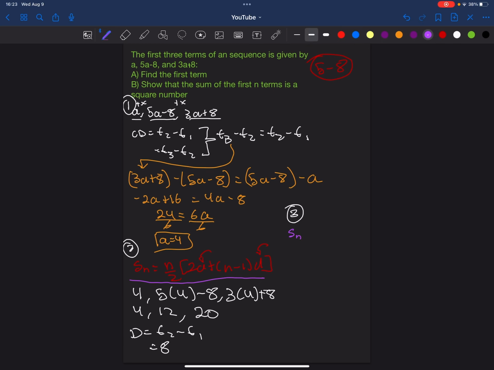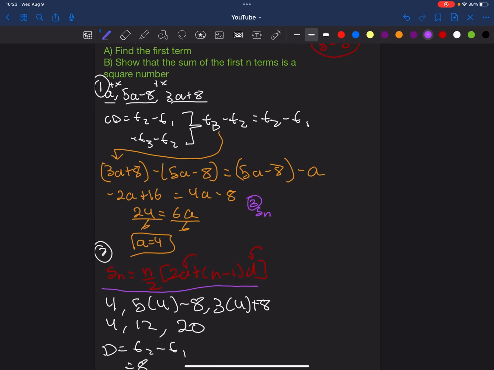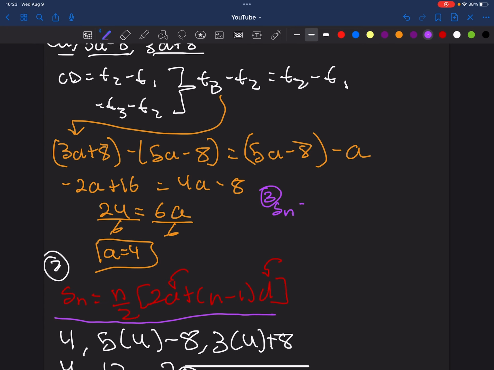So Sn is equal to n divided by 2 times 2 times 4 plus, oh, there's not enough space here. Sn is equal to n divided by 2 times 2 times 4 plus n minus 1 times 8.